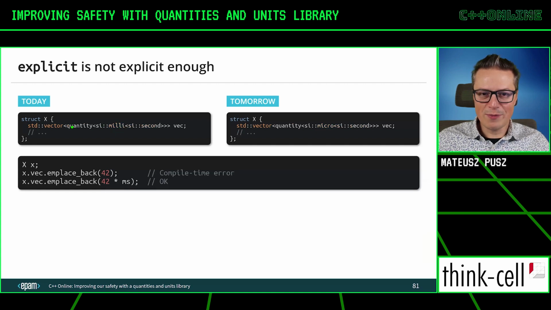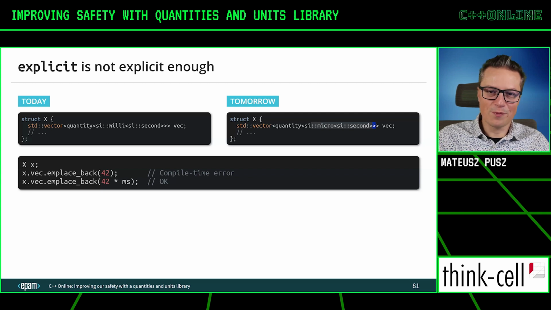With mp-units library, if you specify milliseconds today, microseconds tomorrow, and you provide value 42, none of those will compile. In order for this code to compile, we always have to specify a unit. And we specify a unit here as a millisecond. So today it works fine with milliseconds, and tomorrow it will also work fine, because milliseconds can be expressed in microseconds.